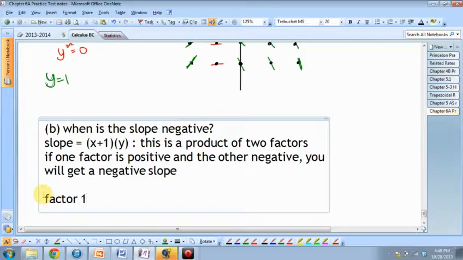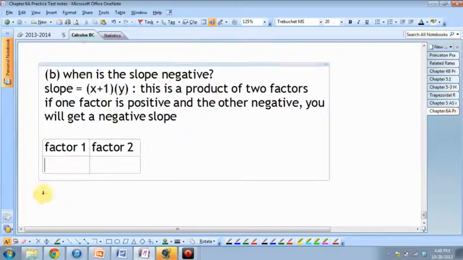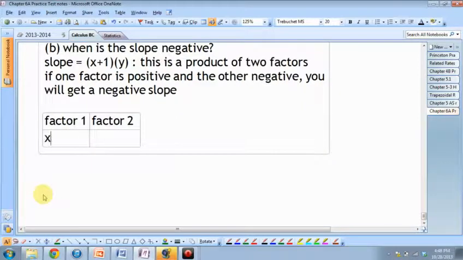Factor 1, factor 2. So what's factor 1? It's x plus 1, right?